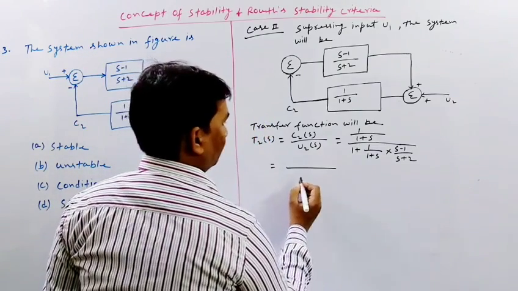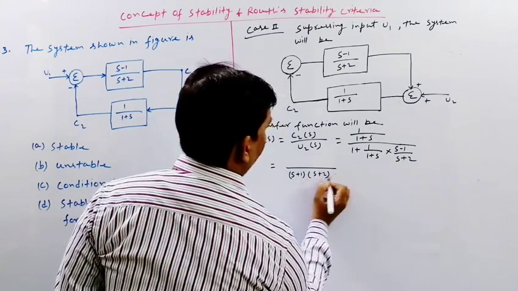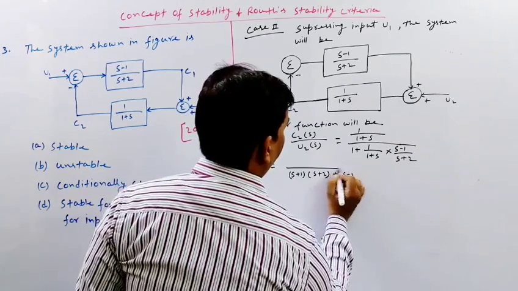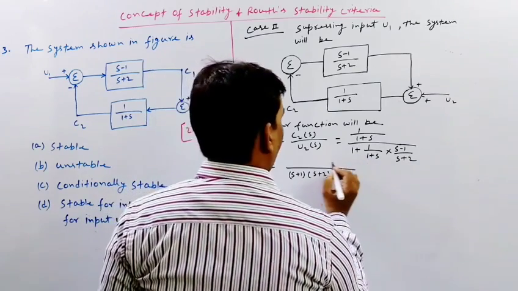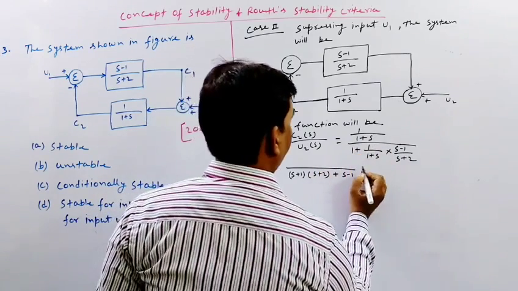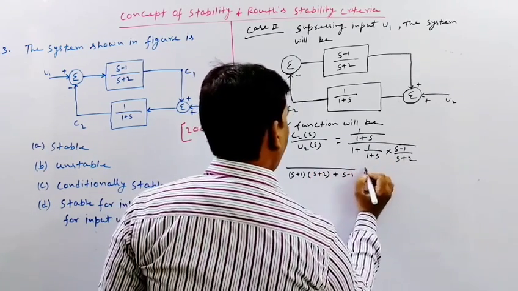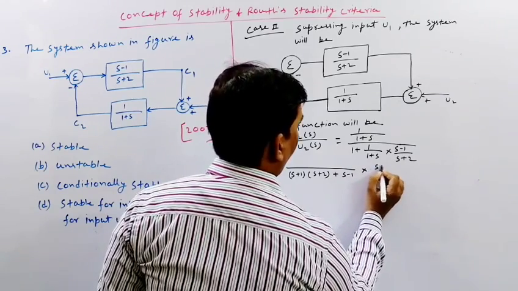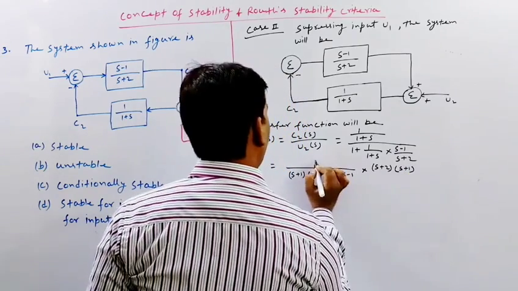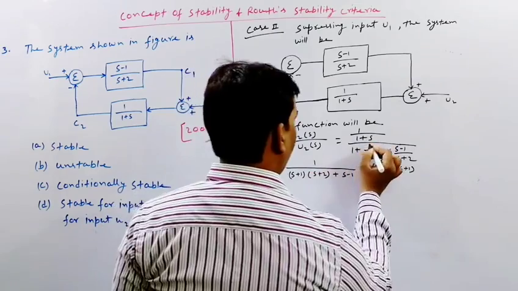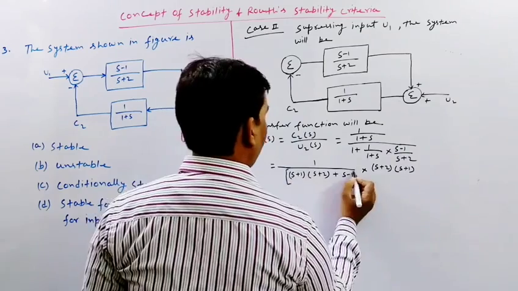We will get s plus 1 into s plus 2 plus s minus 1 multiplied by, here s plus 2 into s plus 1 will go in numerator, and here s plus 1 plus s will come in denominator. So here we can write s plus 1.